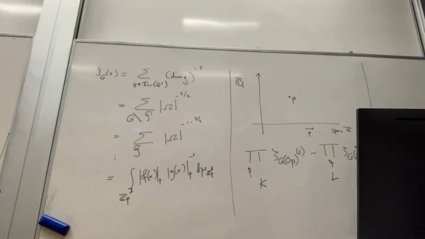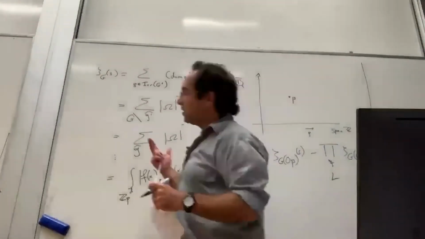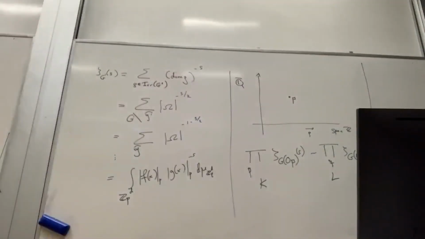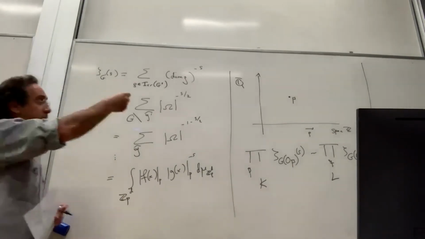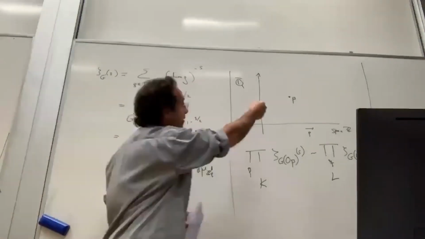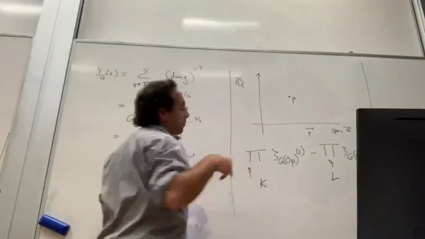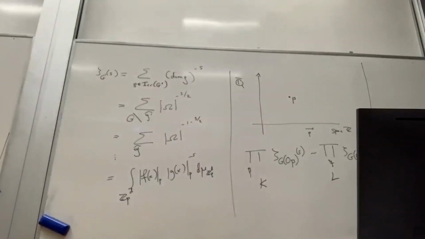So what we really need is to have some way to move in between number fields. So we need a theorem of this type, but in a more restrictive situation because our groups come from a global object. That's the whole point here. The groups that we are dealing with are defined by a number field.